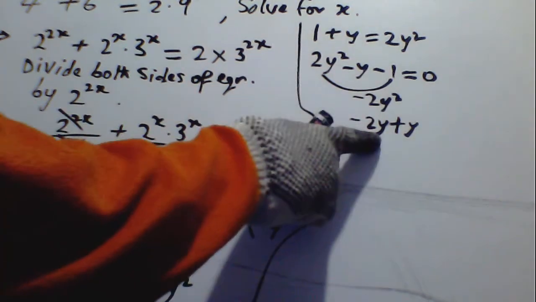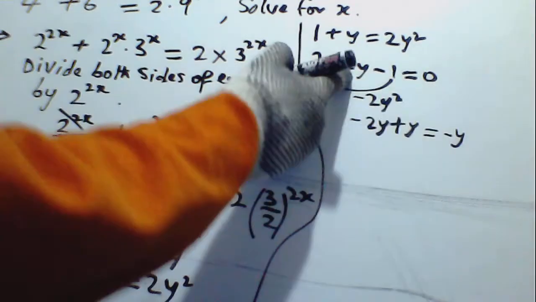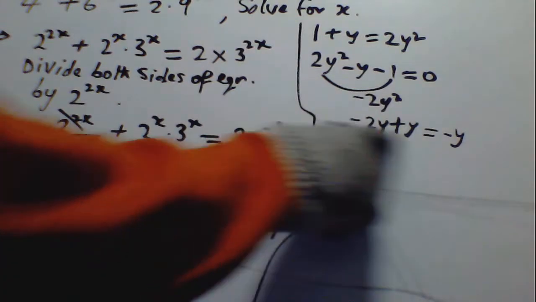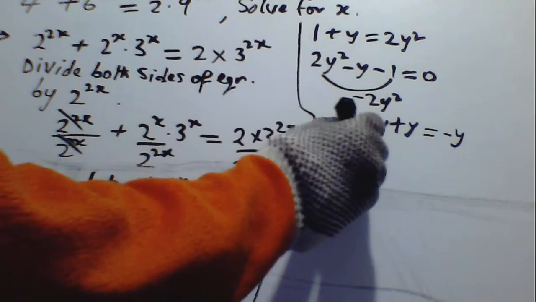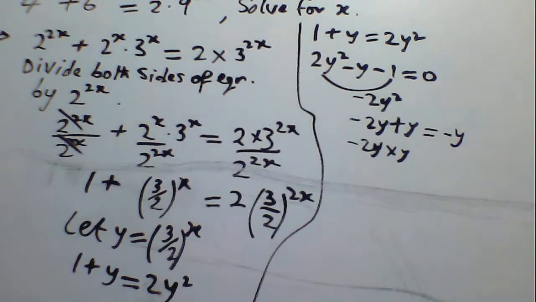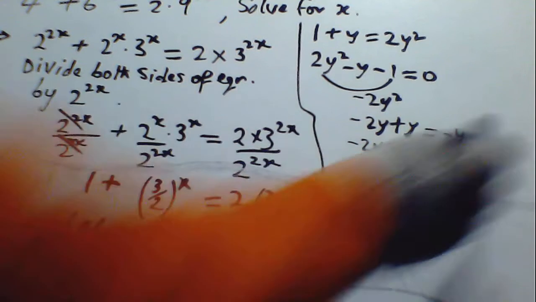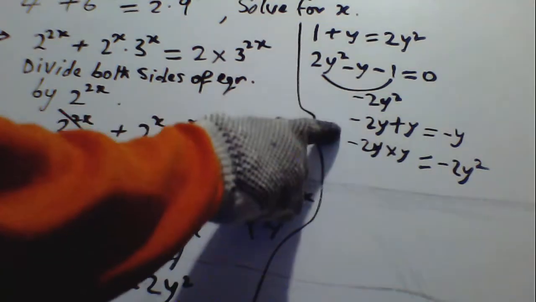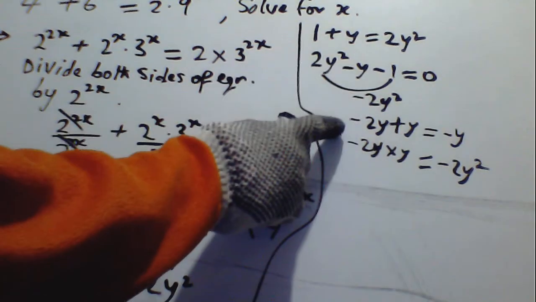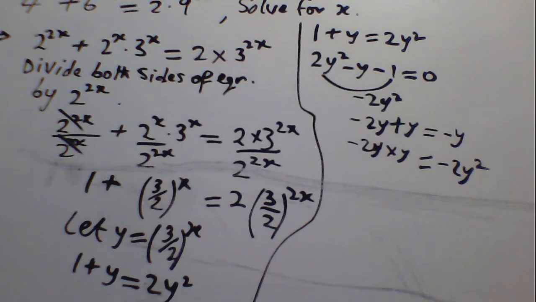So minus 2y plus y will give us what? Minus y, which is the center value. Multiplying these two, we have minus 2y times y, you have minus 2y squared. So we replace minus y with minus 2y plus y.